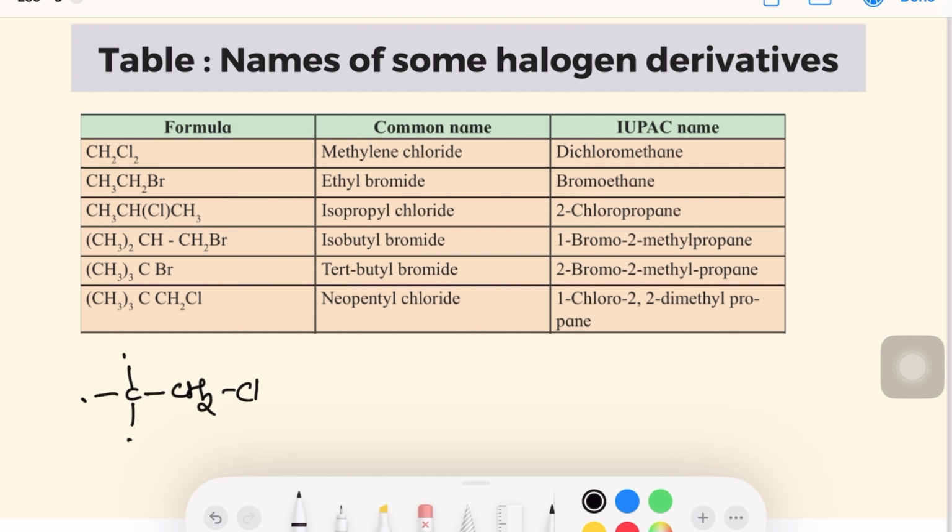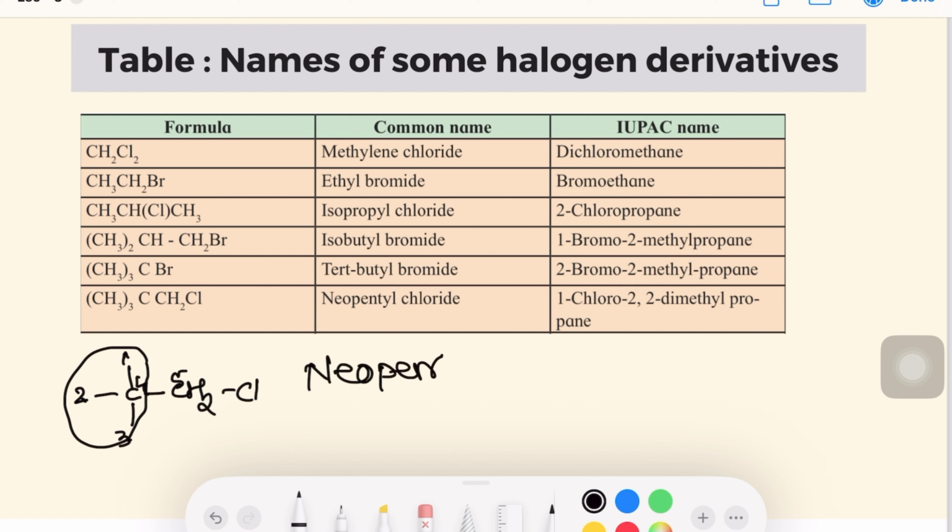Because it contains 5 carbons, and here the tertiary structure is like the tertiary butyl structure. So such structures get the prefix neo in common names. How many carbon atoms are there in total? 1, 2, 3, this 4 and 5. So neopentyl chloride.